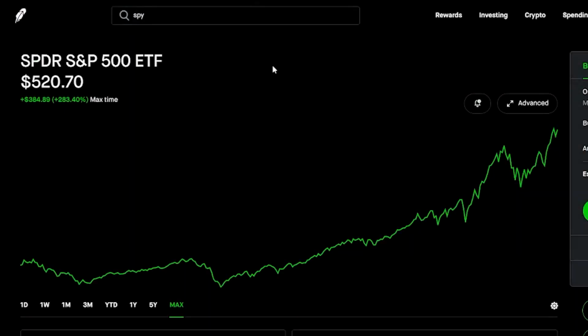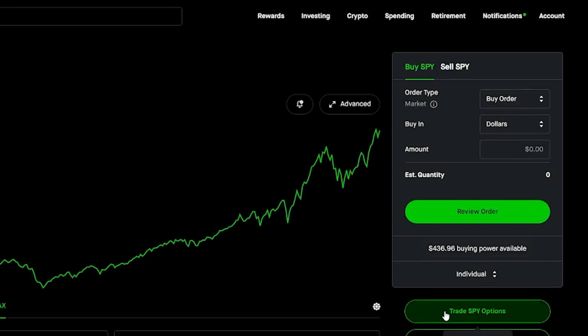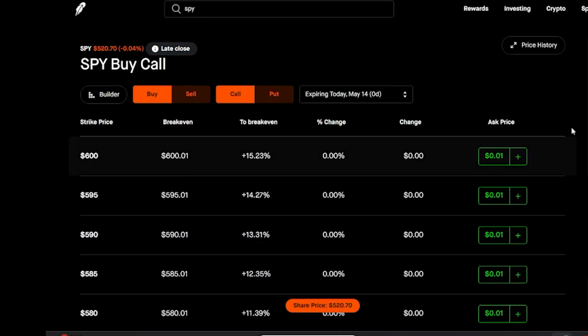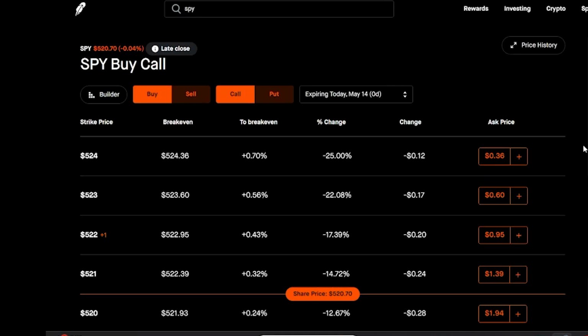Here we have Robinhood pulled up, and we have SPY loaded up here, ticker symbol SPY. The current price is 520.70. If we go down here to the right, you're going to see a button that says trade options. We click on that, and it provides the different options that we have available to us.